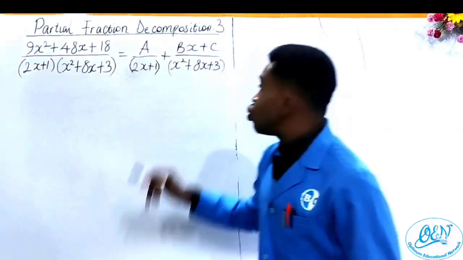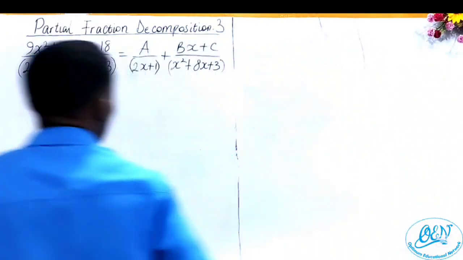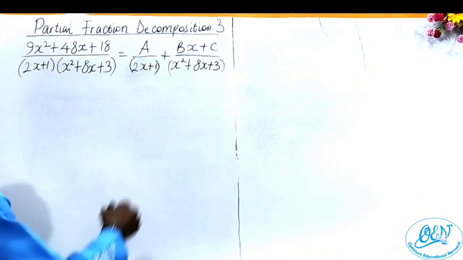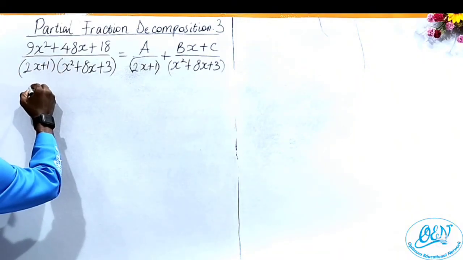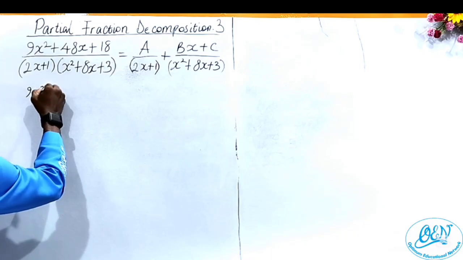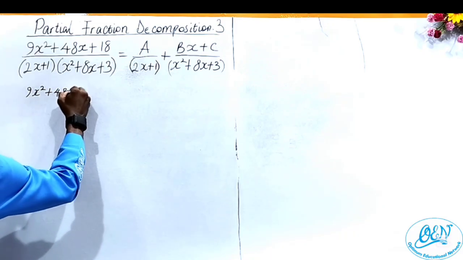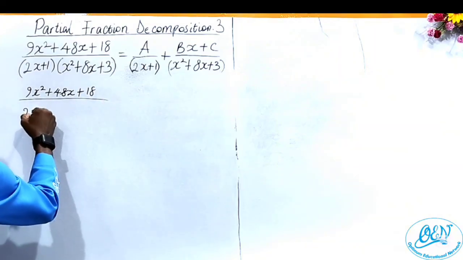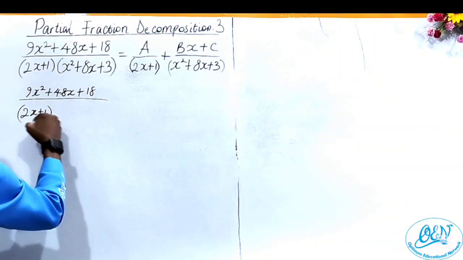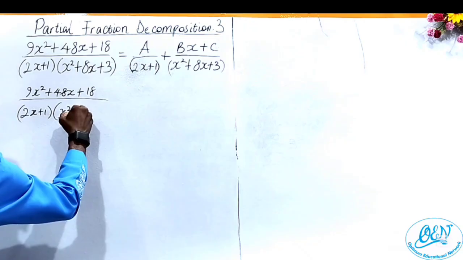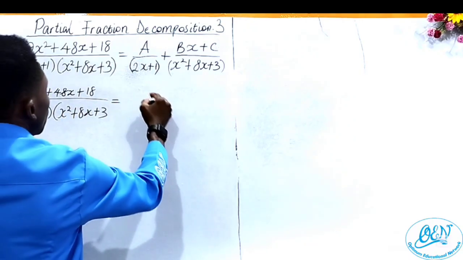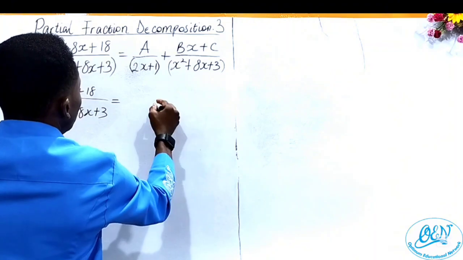Welcome again. So to solve this problem, we already have this expressed in the standard form. So we bring this down. We have 9x squared plus 48x plus 18 over 2x plus 1 times x squared plus 8x plus 3 as equal to, now we take the LCM of this.